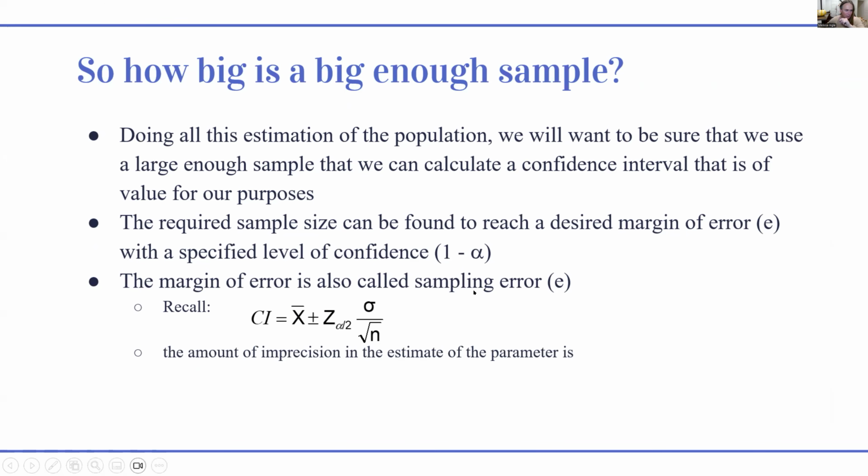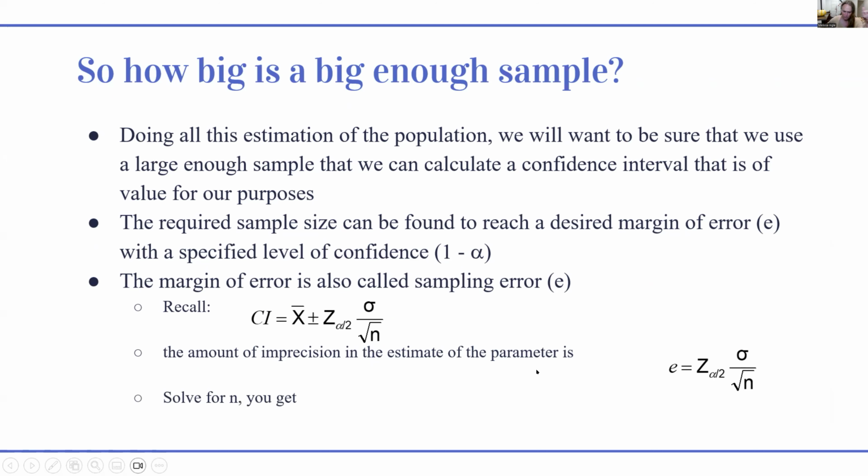This sampling error is the amount of imprecision, the amount of guessing, the things you don't know in the sample, in the estimate of the true parameter, right? So that's just this portion. Again, like I said, the portion to the right of the plus or minus. That's this.